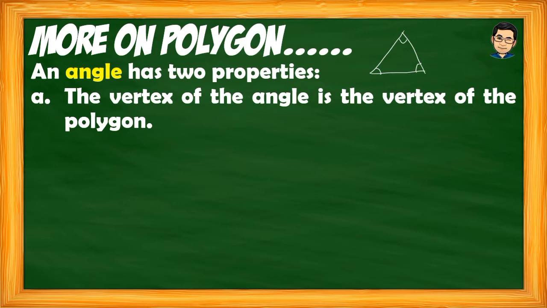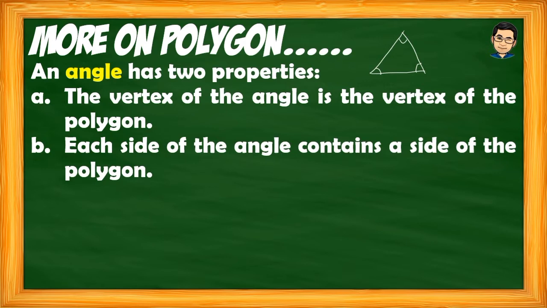The second, each side of the angle contains a side of the polygon. Ganun lang din po. Pangalanan natin yung triangle ABC. Kung sasabihin natin na angle ABC, yung mga sides ng angle ABC are AB and BC. Yun din po yung sides ng ating polygon.